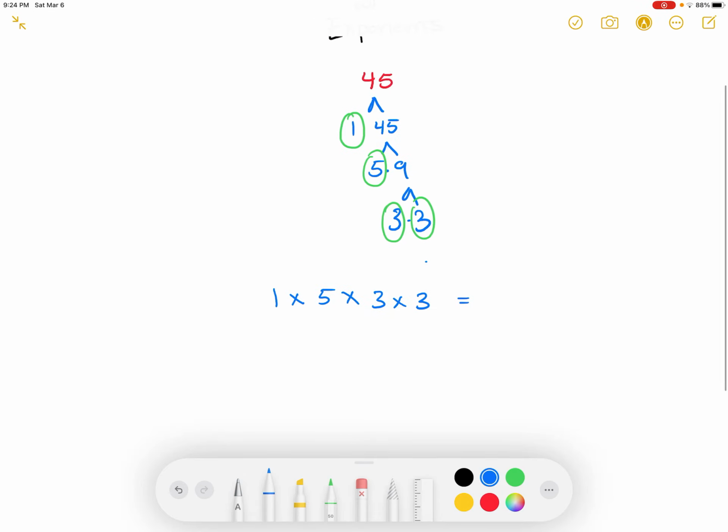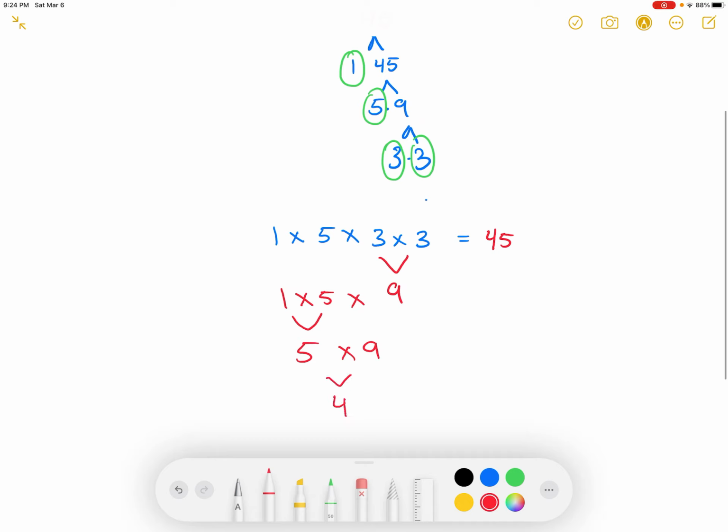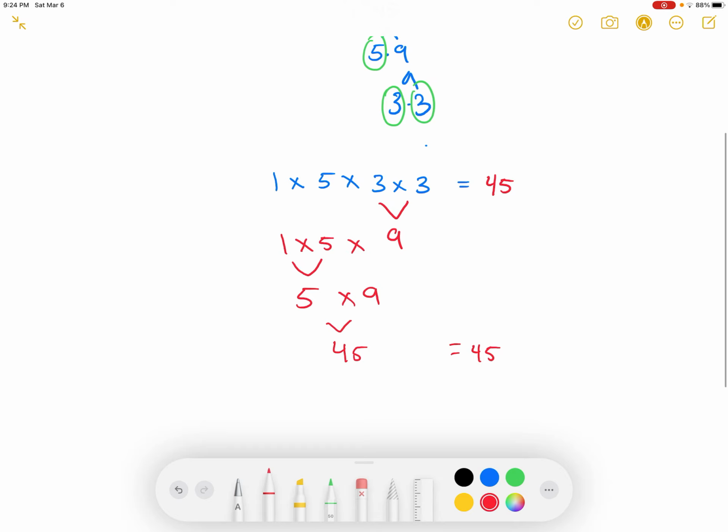Well, first I'm going to check to make sure that would equal 45. 3 times 3 is 9. 1 times 5 times 9. 1 times 5 is 5 times 9. 5 times 9 is 45. Okay, so this checks out. 1 times 5 times 3 times 3 checks out.